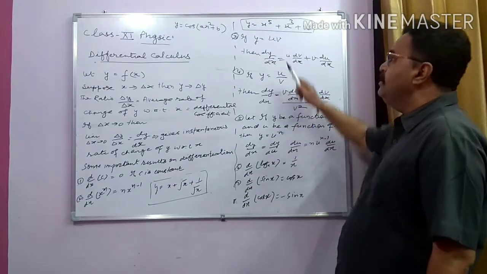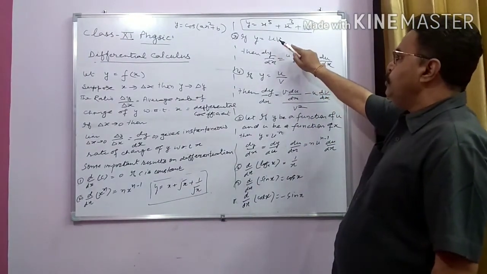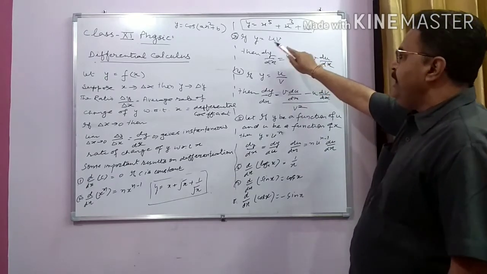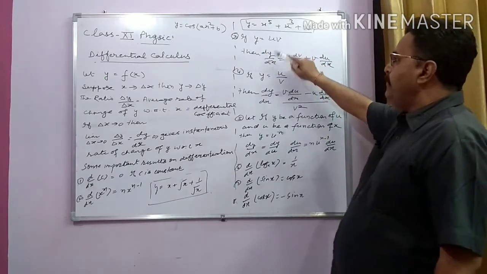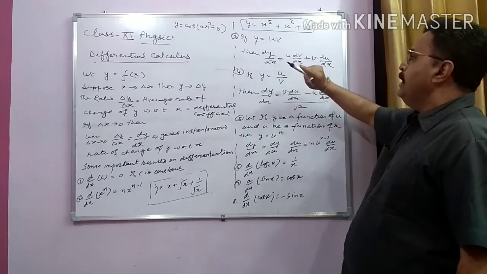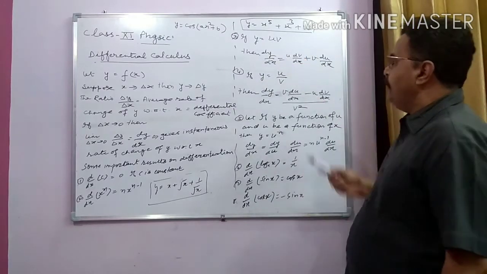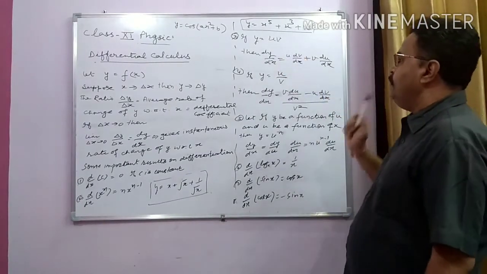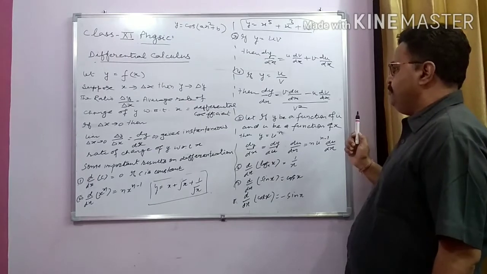Then the next one: if we have two variables in product form, multiplication form, then we can find the derivative of y with respect to x. Suppose y equals u times v, where u and v are functions of x.